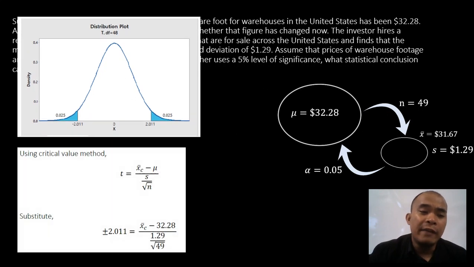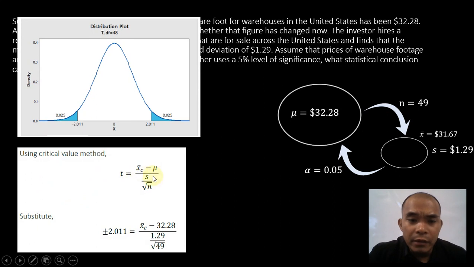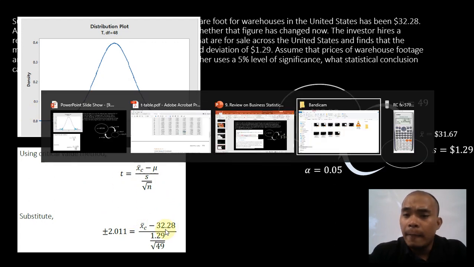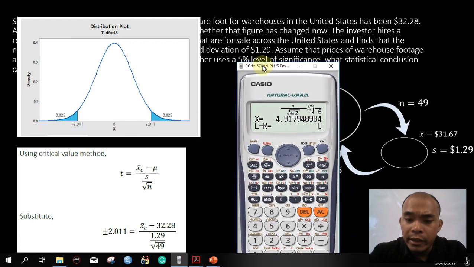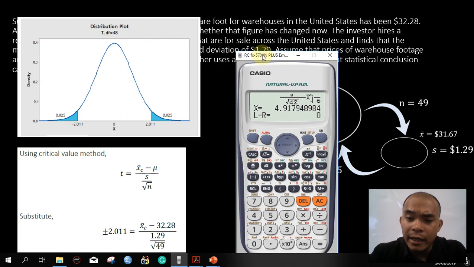Okay, next is we have to solve using the critical value method. So this is the critical value formula, and then same as usual, we have to replace the sample mean by critical xc, and then we simply plug in the values of this t here. And then, if you don't want to have an error, or you do not very much like the algebra, you can simply use your calculator.